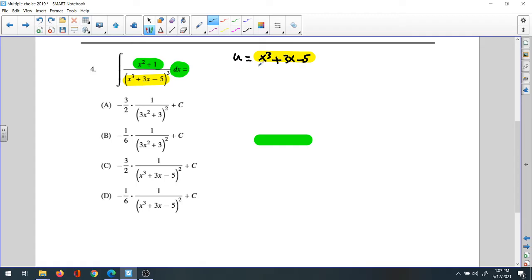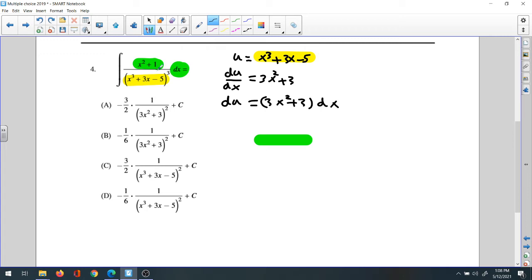To find dx, we have to find the derivative here. So it will be the derivative of u with respect to x equals the derivative of x to the third, drop 3, x exponent 3 minus 1 is 2, plus the derivative of 3x is 3, derivative of negative 5 is nothing. Remember, the derivative of 3x is 3, the derivative of 5x is 5, the derivative of nx is n. Now we need to cross-multiply dx. So du equals 3x squared plus 3 times dx.